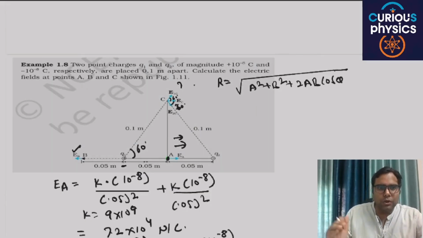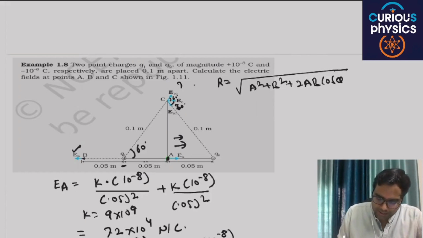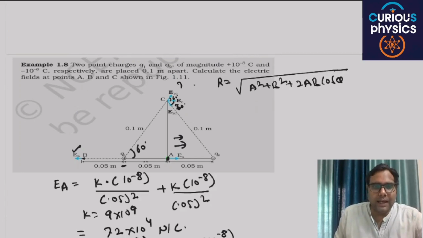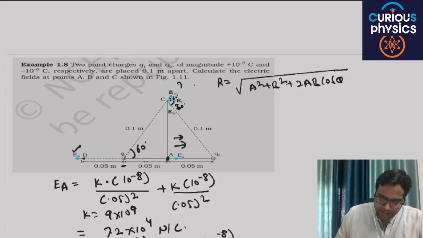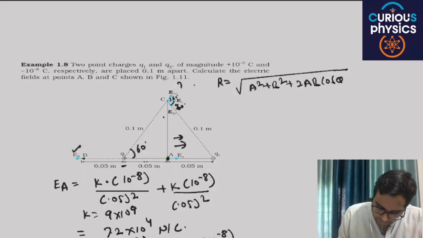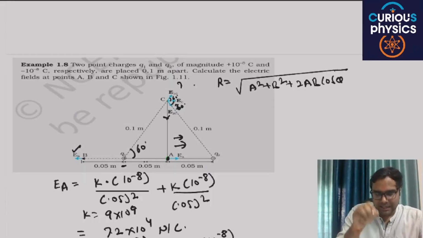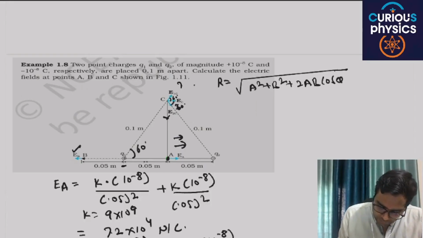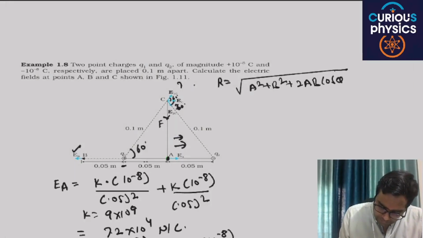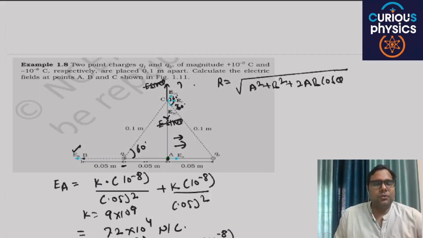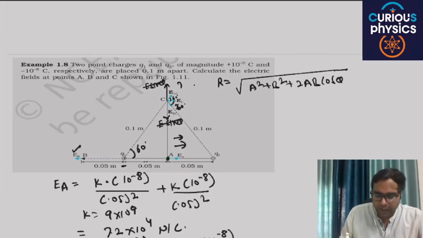So the horizontal components will add here, and the vertical components will cancel each other, because the value of E at C is the same since the distance is the same. The vertical component is E sin theta in each direction, so these two cut each other because the directions are opposite, and the horizontal components will add.